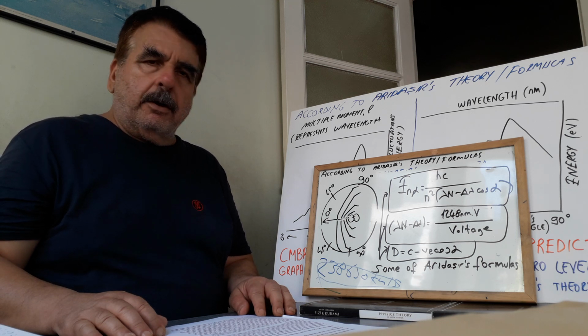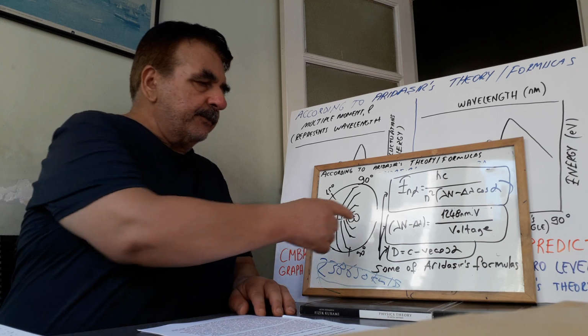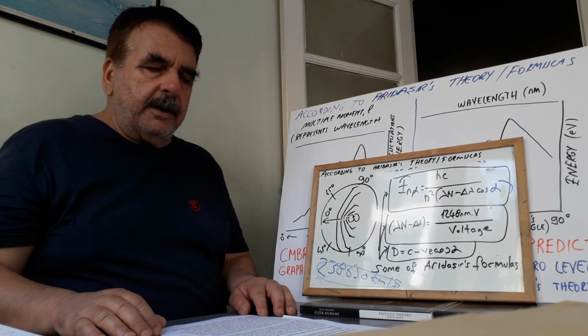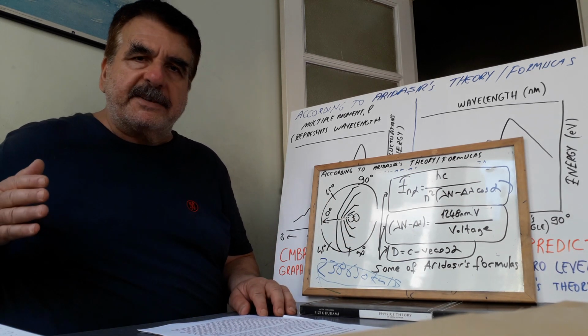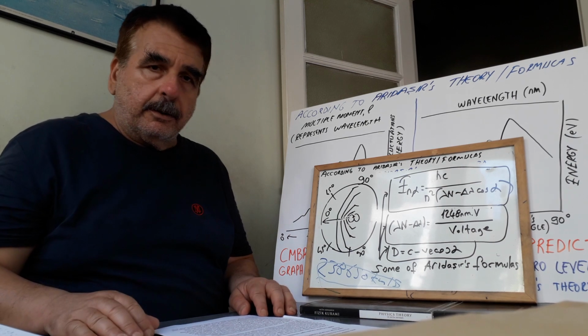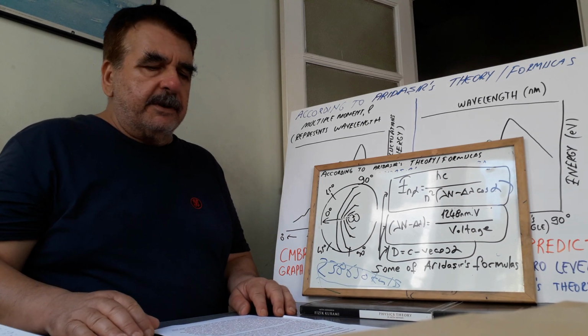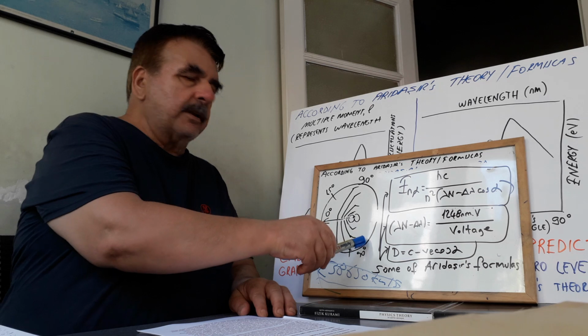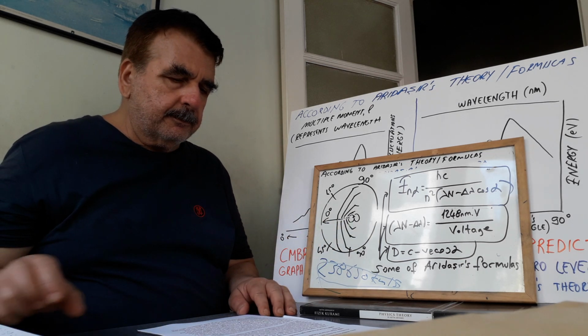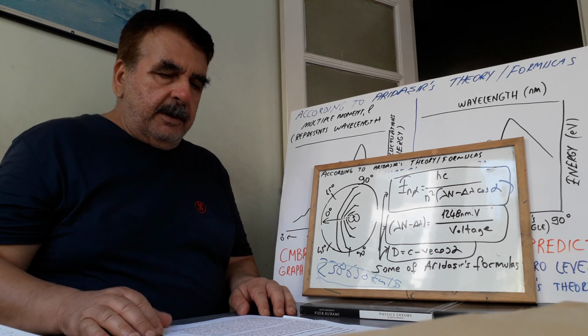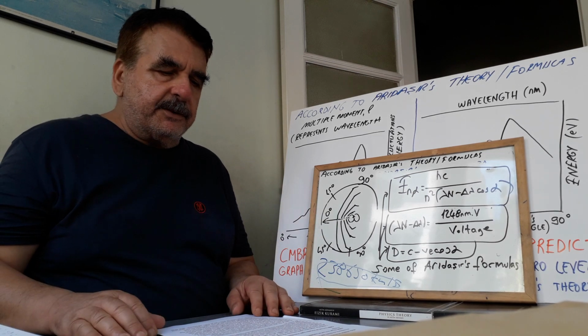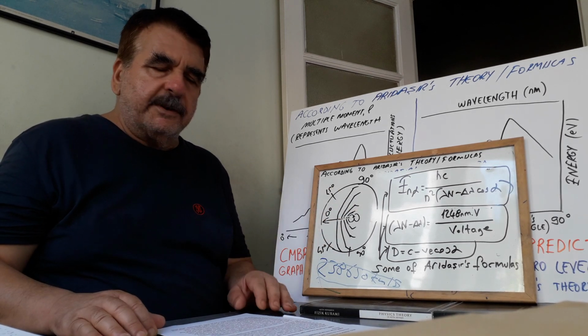There was a hole in the sphere, and as soon as the electron passed through that hole, the hole was closed.